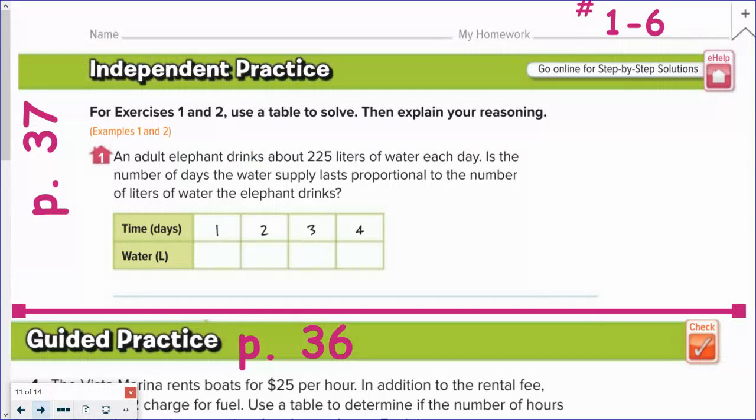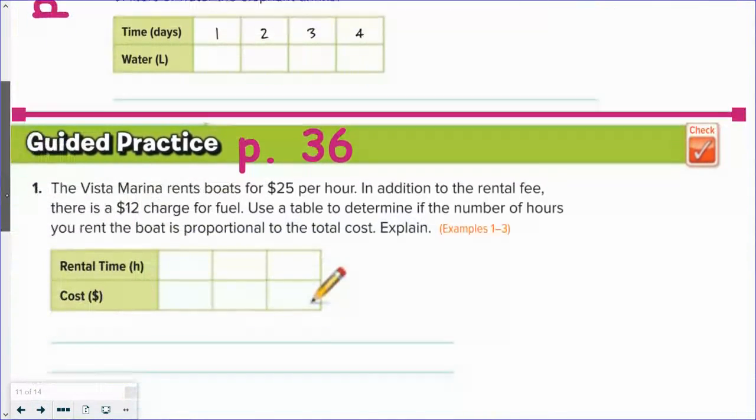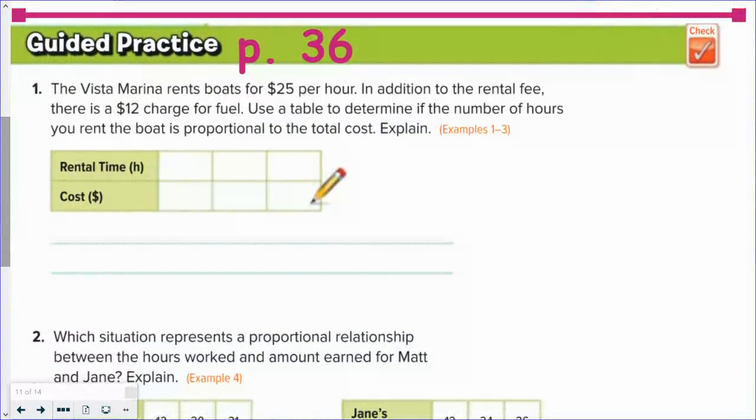Okay, so let's look at our guided review in our textbook. This is page 36 in volume 1. The Vista Marina rents boats for $25 per hour. In addition, there's a rental fee of $12 for the charge of fuel. So we need to find out if this is a proportional relationship or not. Say you go to rent and you don't even make it a full hour. You are still paying that $12 for fuel.